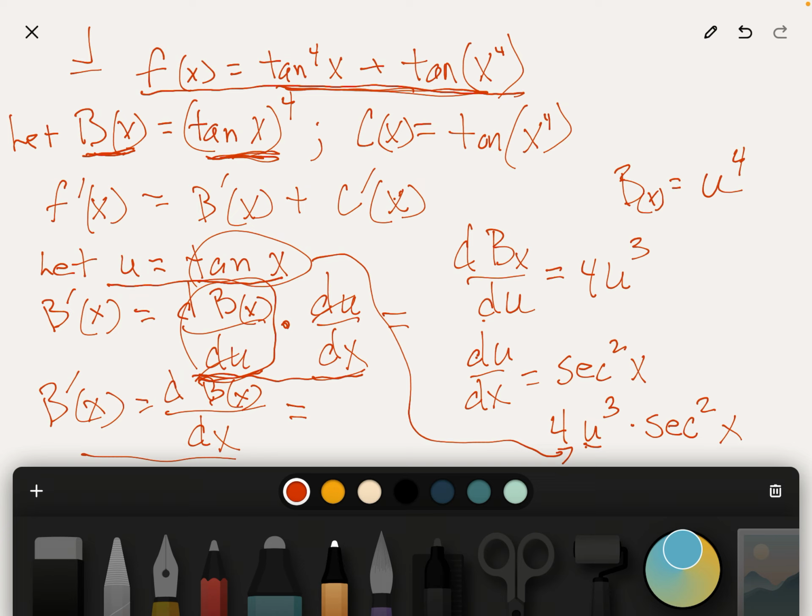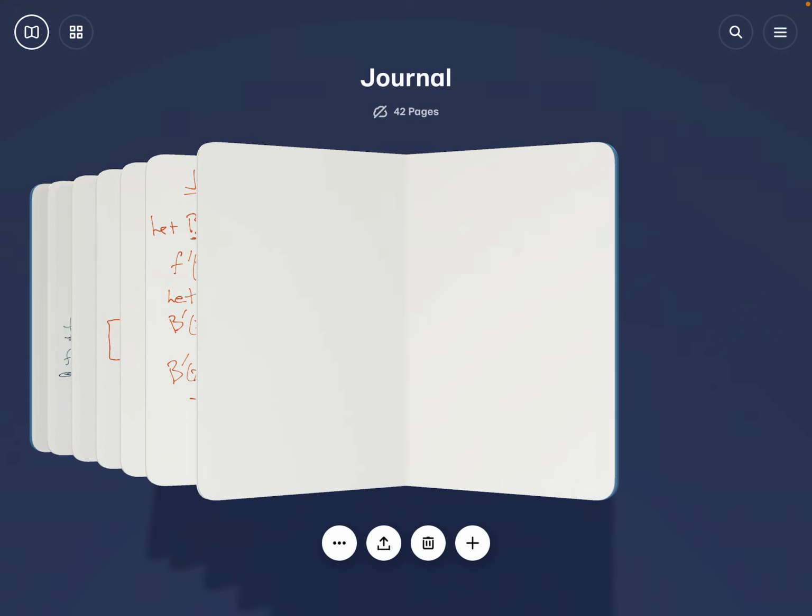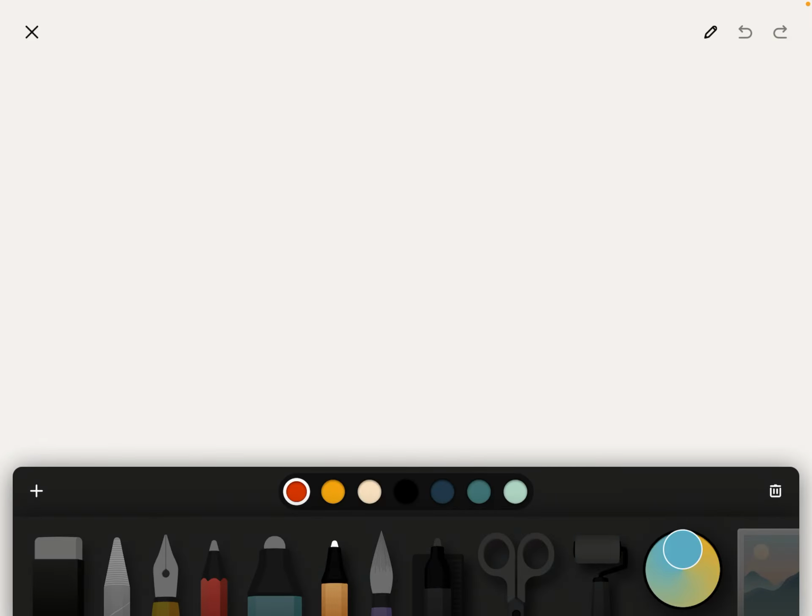It's kind of fun. Okay, so go to a new page. Basically, I think it's tangent x, again, I'm going to write it this way, to the third power times secant squared x.